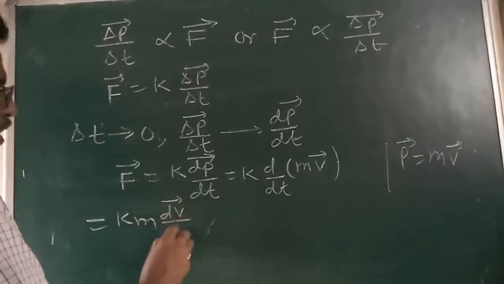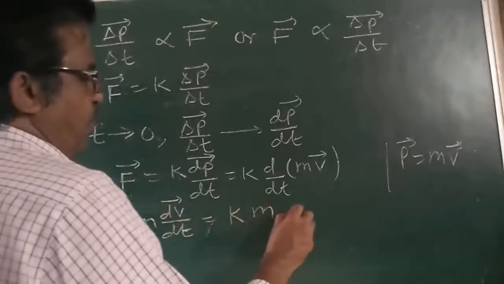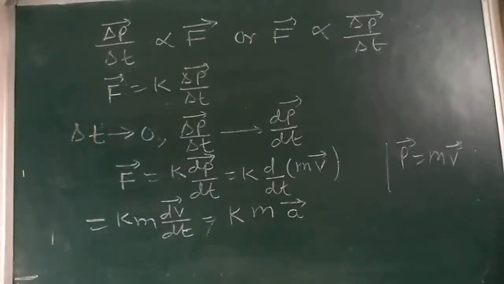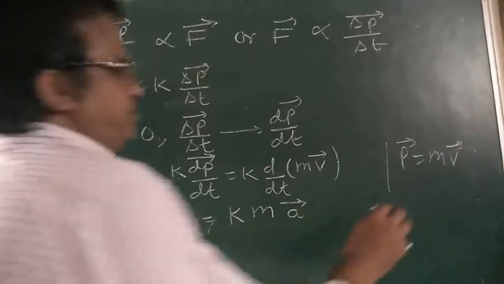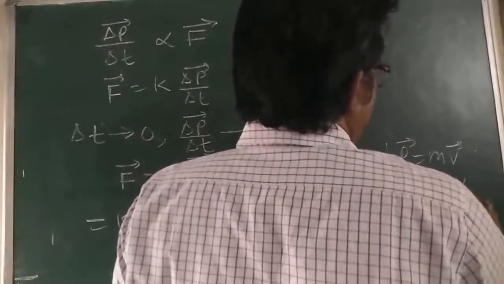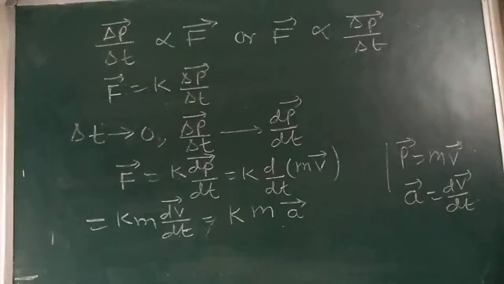So F is K m dv by dt, that is K m a. dv by dt is acceleration, the rate of change of velocity. It is the acceleration of the body.